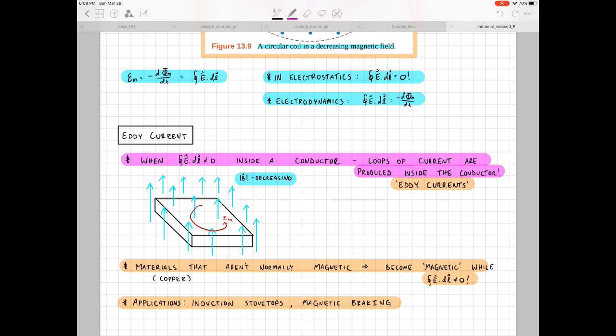Some of the interesting applications: the book talks about magnetic braking, where you can induce these eddy currents, and then your conductor interacts with the magnetic field such that it slows down, so you can cause things to slow down or even stop.